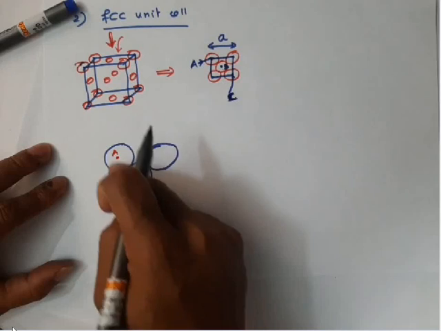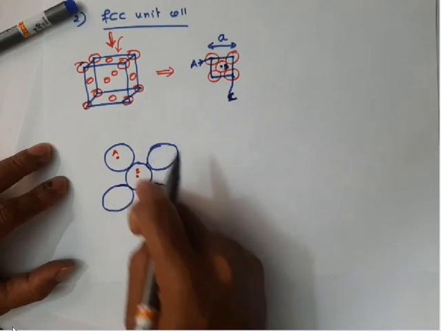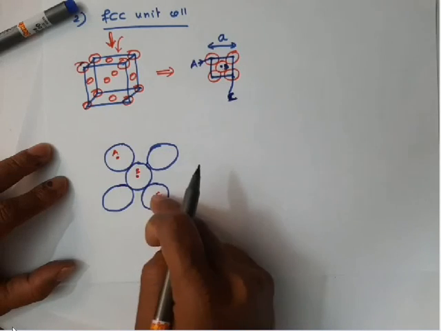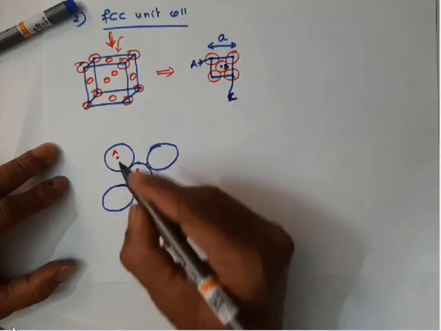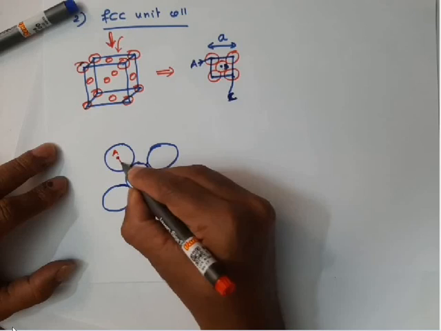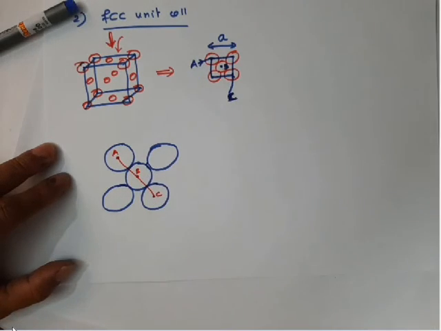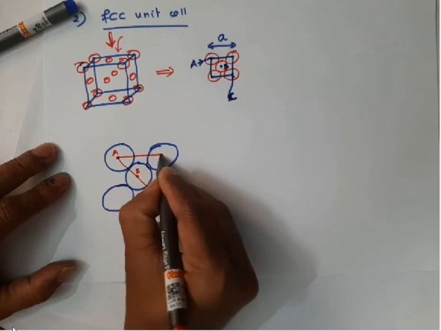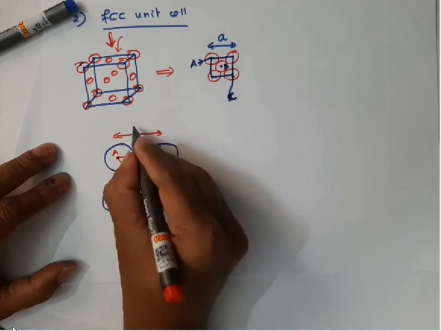These three atoms are touching each other. These two atoms, A and C, are touching B. Now I'll join this A with C. This length is what we call the edge length.